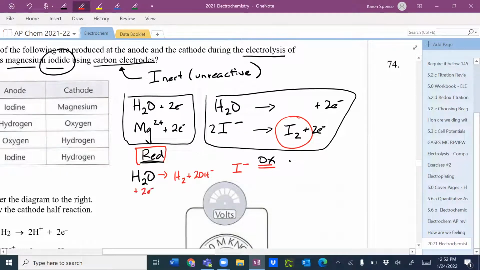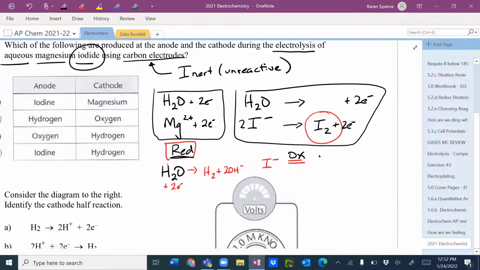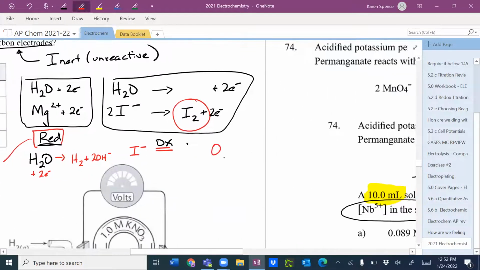Those two electrons there. So what is produced at the cathode? Well, the cathode is where reduction takes place. Remember, C and R are both consonants. So reduction always takes place at the cathode, and oxidation always takes place at the anode. Those are both vowels.